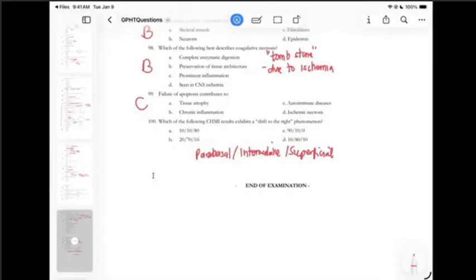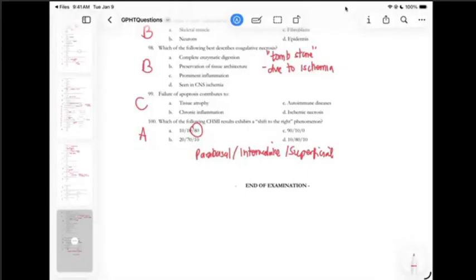If there is a shift to the right, most of the cells are superficial. So the best answer is letter A. This is usually an estrogen effect. If it's a shift to the left, like letter C, mostly parabasal. If it's a shift to the mid zone, that means a high progesterone effect. But if it's a shift to the right, that's letter A, estrogen effect. So that would be for 100, letter A.